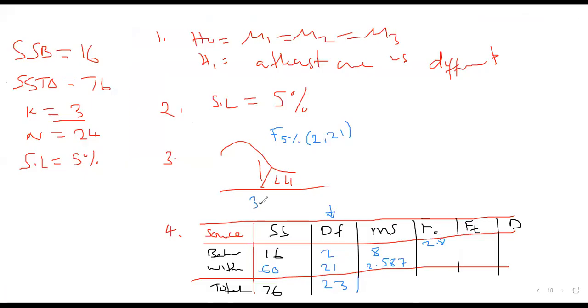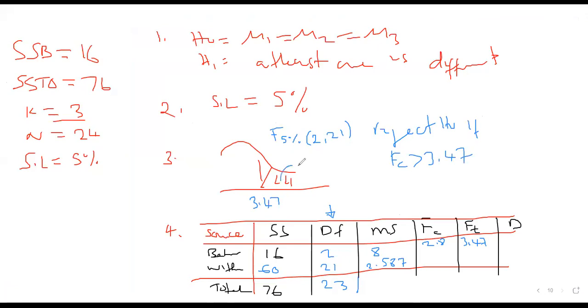So we say reject HO if F calculated is greater than 3.47. So what is the decision here? Do we reject or do we fail to reject?